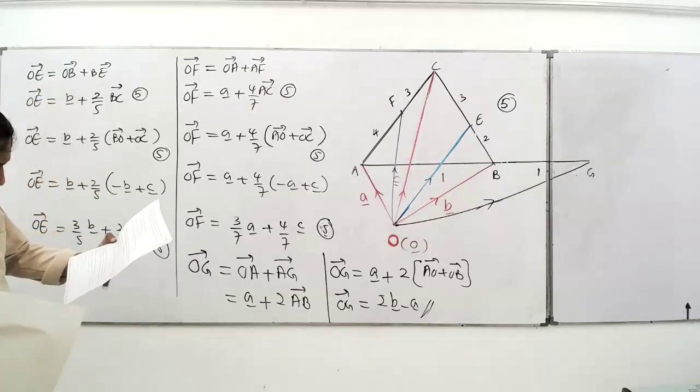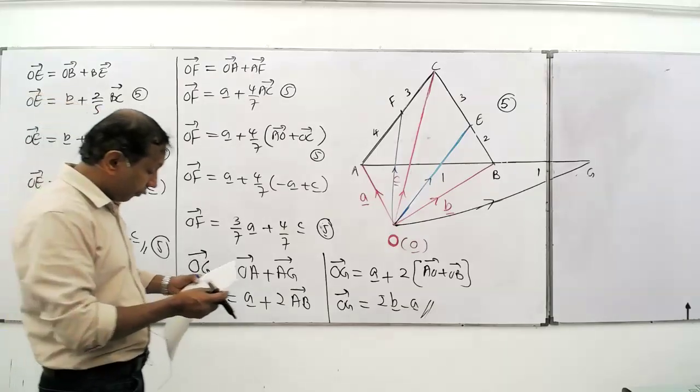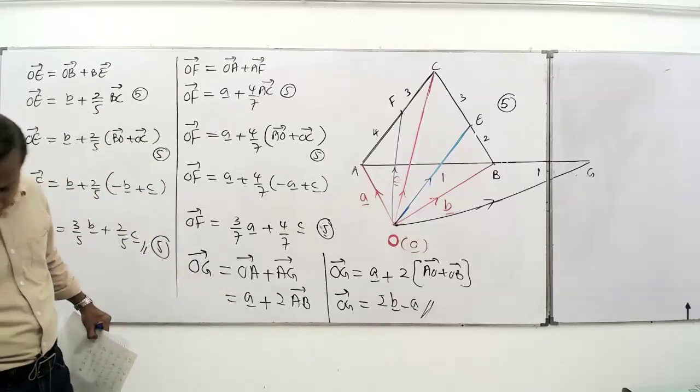Find FP and FG in terms of AB and C, the last part. Write them now. For the last one we get 5 marks.